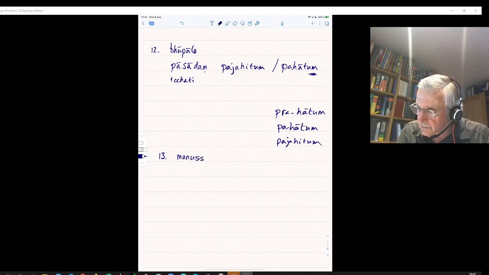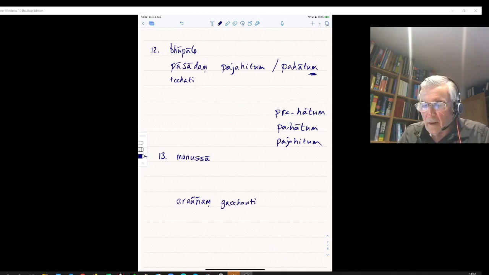Manusa. And what do they do? They go to the forest. Aranyam gacchanti. The men go to the forest. Manusa aranyam gacchanti. So the men go to the forest to gather fruits for the children.